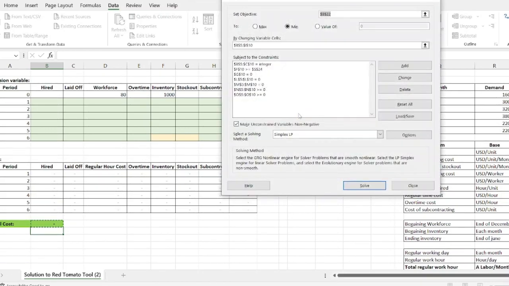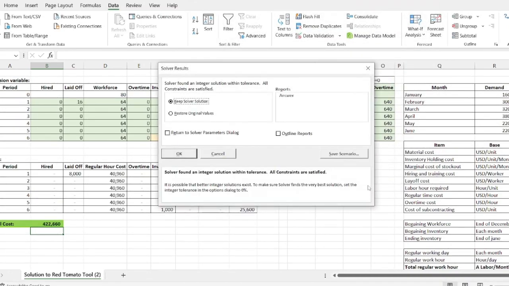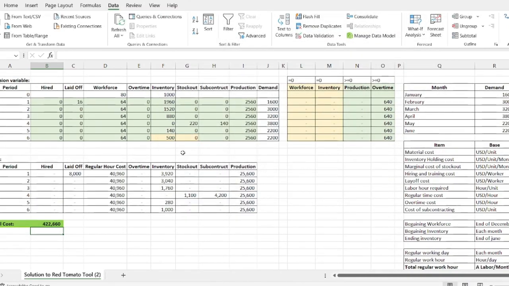Okay, and we are done. Let's solve it. Okay, we are solved. This is the optimum number. This is the minimum cost that we can incur considering all those things. Thanks for watching.